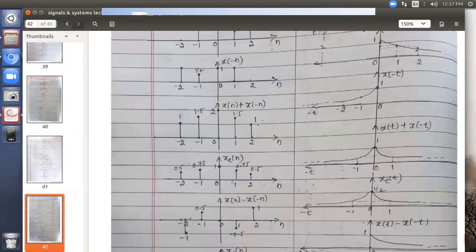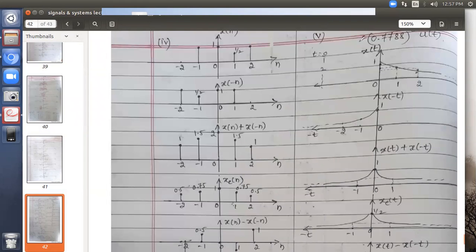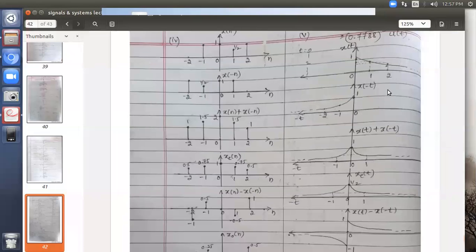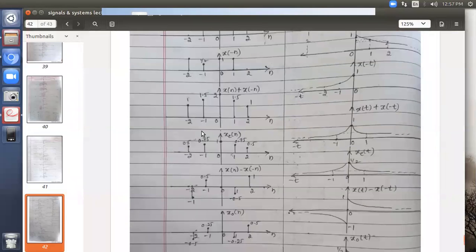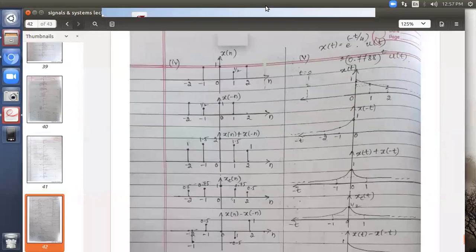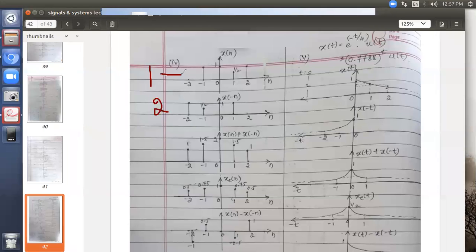To find the odd component, I have to subtract the signals. In order to get the subtraction, take the first signal and the second signal and subtract. From the leftmost, till -2, you don't have anything.